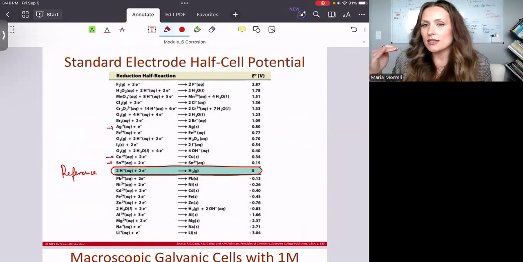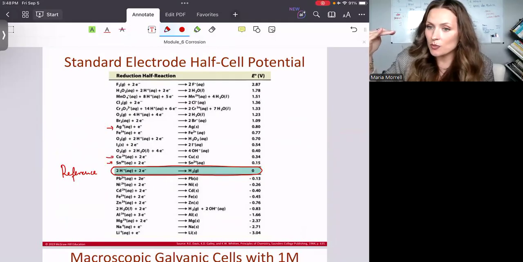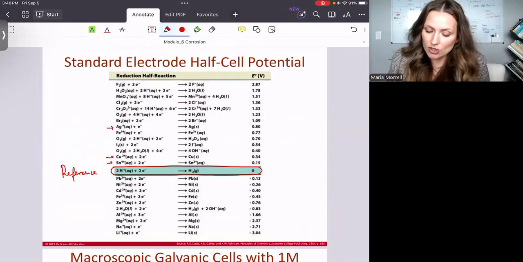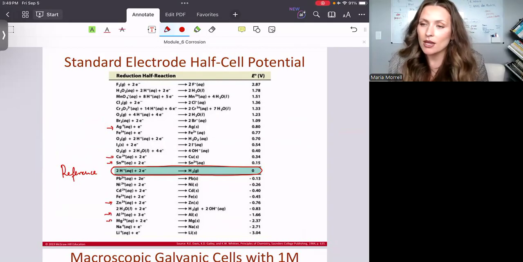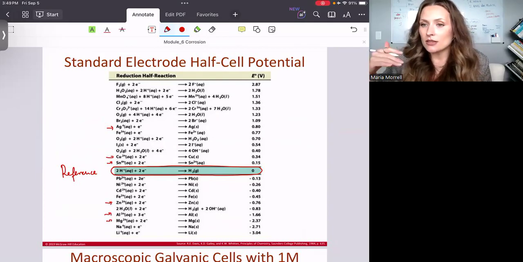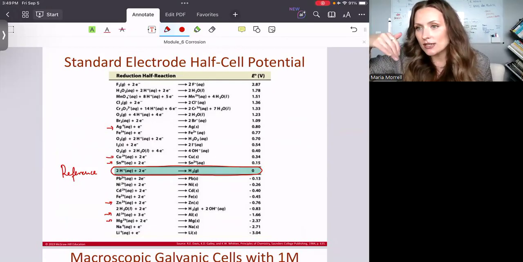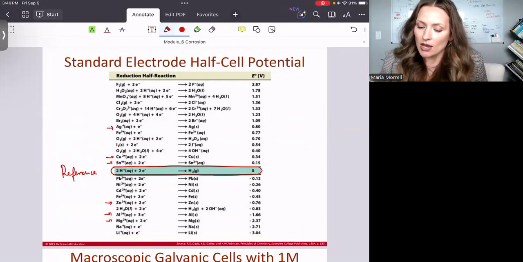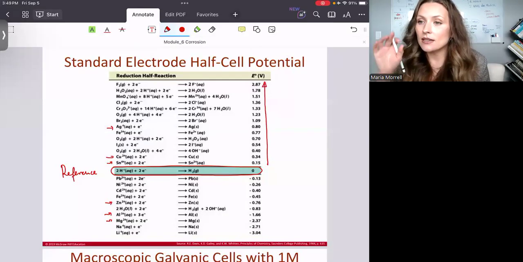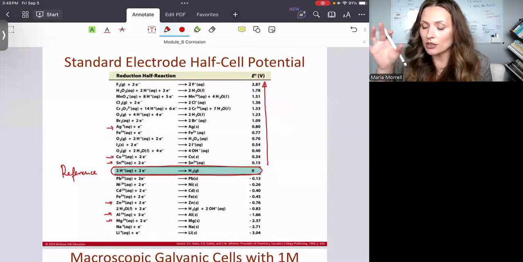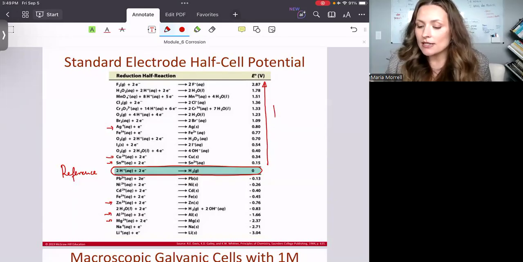Some of the metals ended up above the reference point, and some of the metals, such as nickel, cadmium, zinc, aluminum, magnesium, lithium, these materials, they ended up below the zero. And here's what happens. The more positive this number that you see on the voltmeter, right, less tendency to corrode.